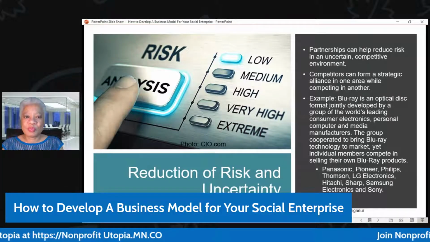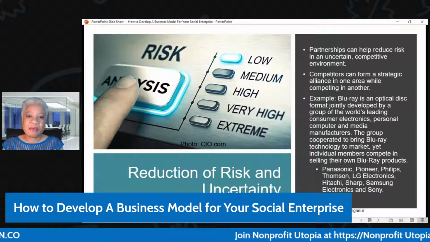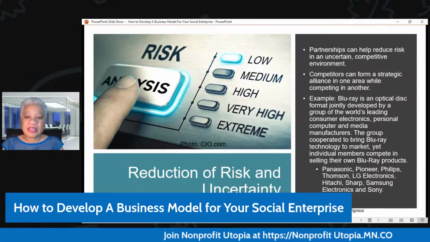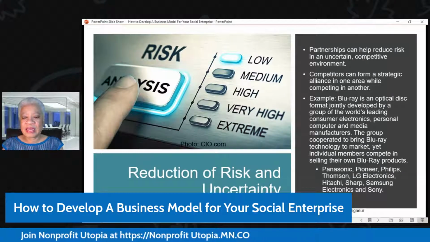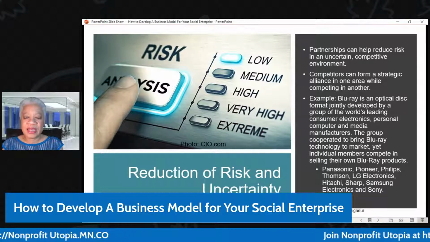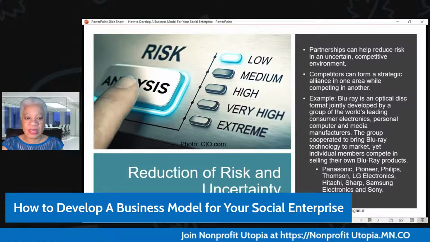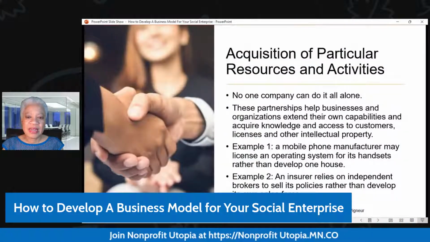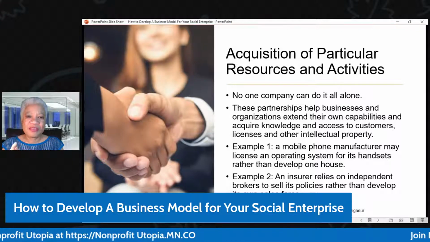It also spreads the market risk, the financial risk amongst the people. And some of the investors for this technology include Panasonic, Pioneer, Philips, Thomson, LG Electronics, Hitachi, Sharp, Samsung Electronics, and Sony.